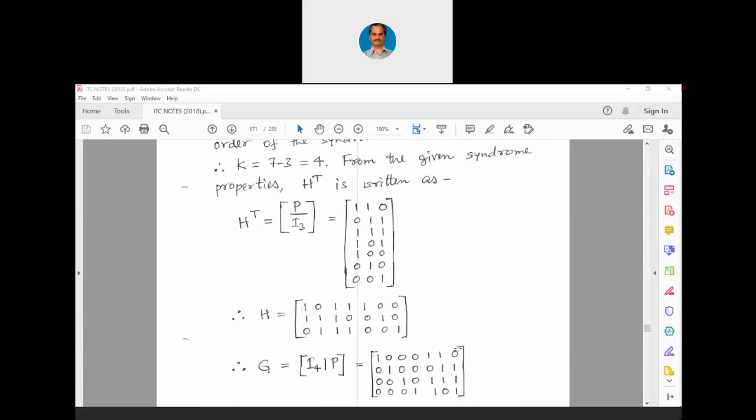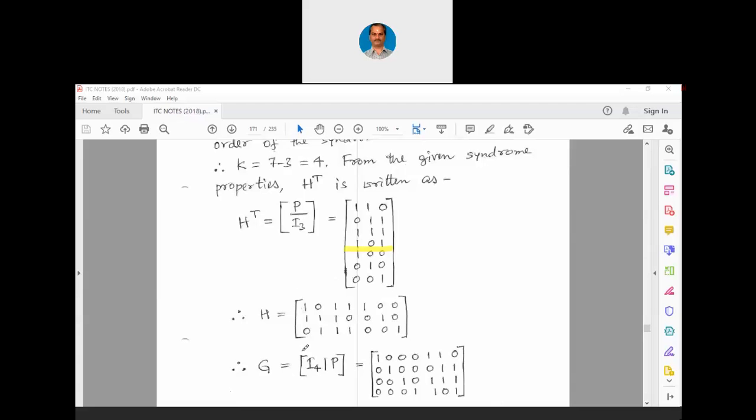Now we can write the generator matrix because we already have the parity matrix. Let me annotate. Till here it is the parity matrix, below which is the identity matrix. So transposing this parity matrix, we have obtained this Hamming matrix.